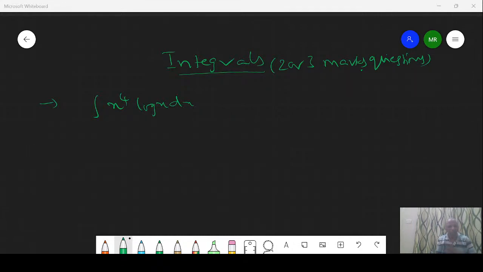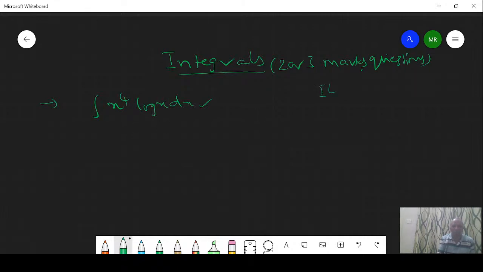See the first problem, integral x power 4 log x dx. Whenever they ask integral x power 4 log x dx, it may be for 2 or 3 marks. Here I should choose the first function and second function.